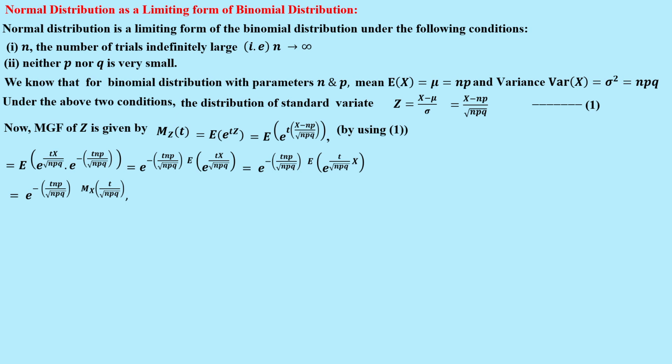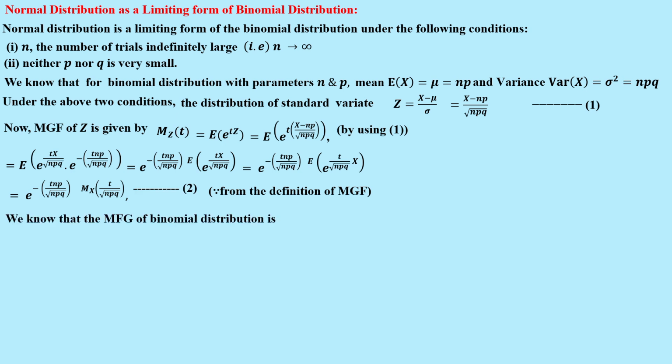The moment generating function definition is Mx of t equal to expected value of e power tx. So instead of t you are having t by root npq, that is Mx of t by root npq, right? That is equation number 2.